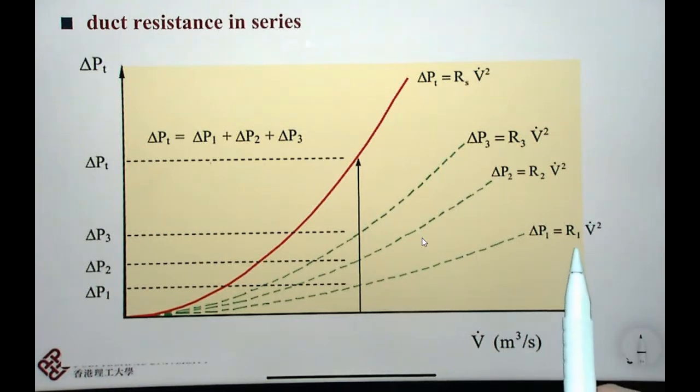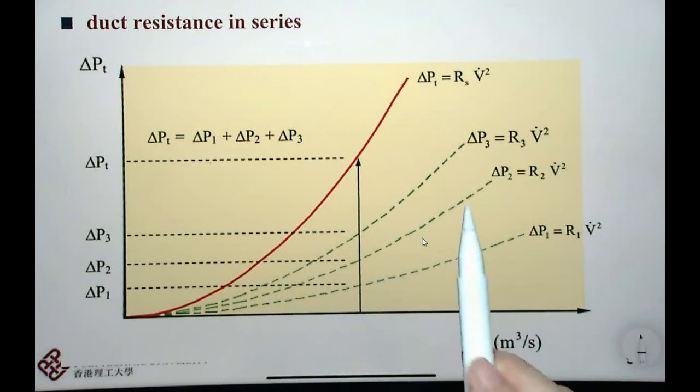So once this R value is given, then you can draw the corresponding system curve here.